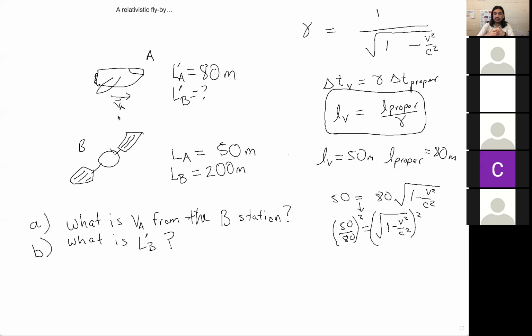So for instance, for the previous homework, the people in the spaceship moving at a high enough velocity were measuring the signal they were getting at 1 second, and the signal that they were sending out was measured at 1 second intervals.